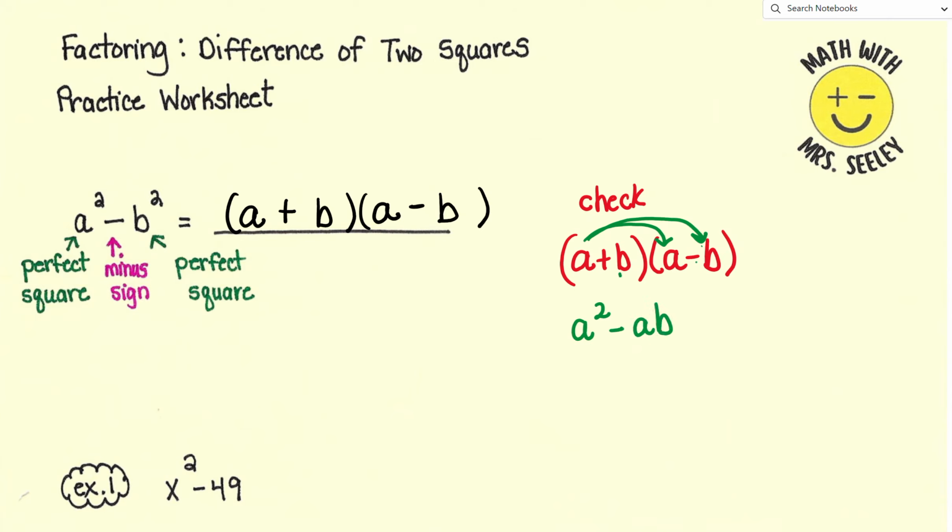Then b times a is ba, or ab. And then b times negative b is negative b squared. You'll notice that your negative ab and your positive ab cancel, and you're just left with a squared minus b squared, which is this right here.